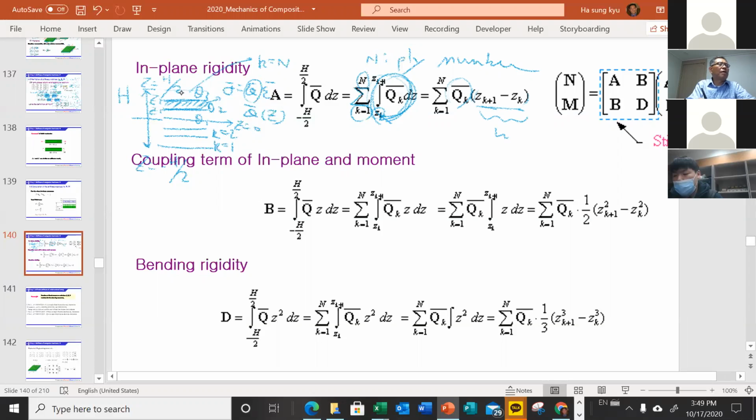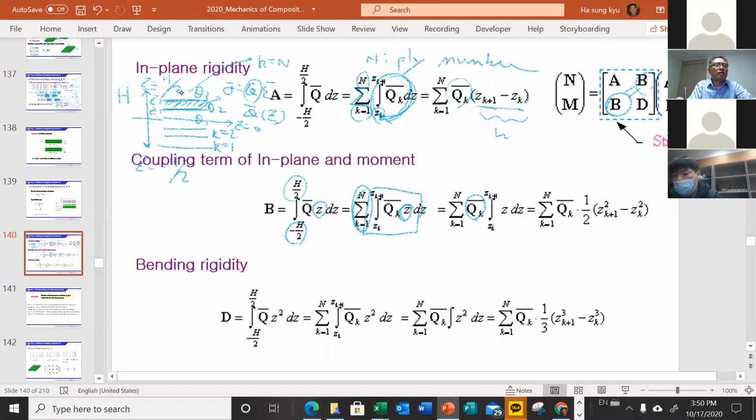And also the B matrix is the same as that. B matrix, by definition, has a Z here from bottom to top, and we have a number of plies, very same as previous. Remember we have a Z here, and in each ply Q is constant, but Z is not.